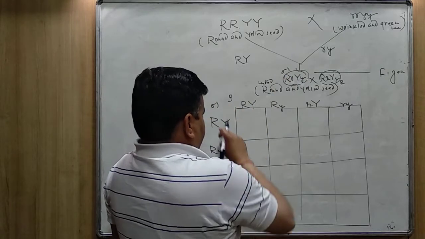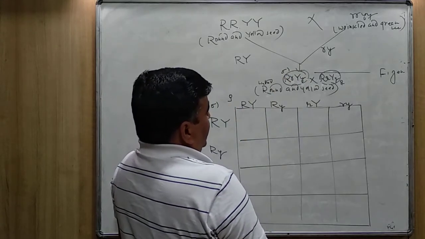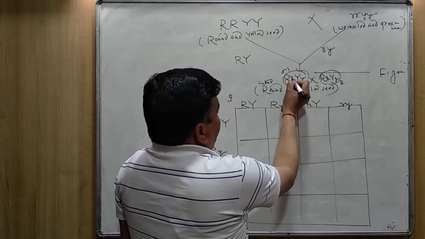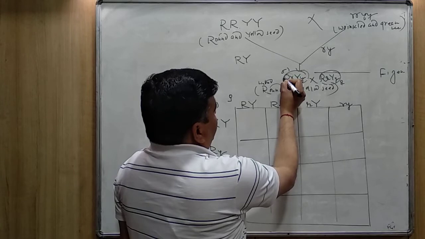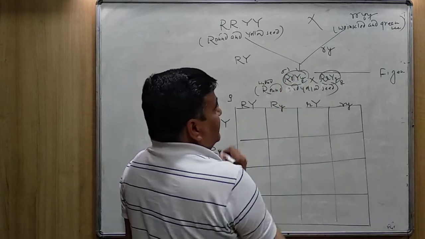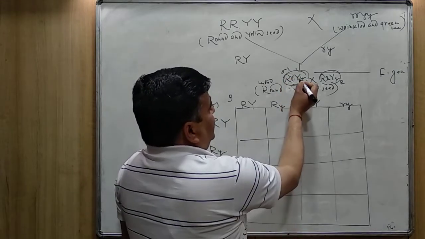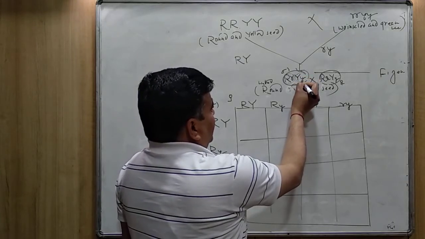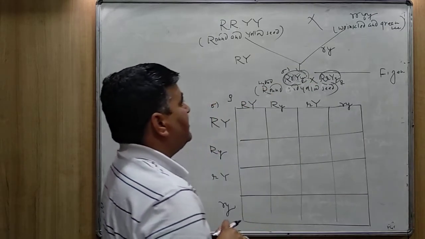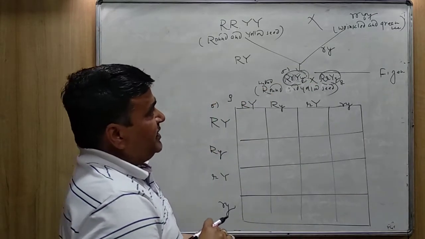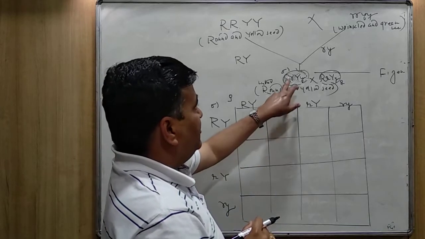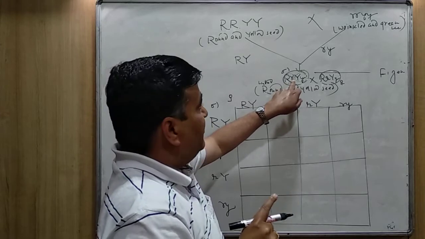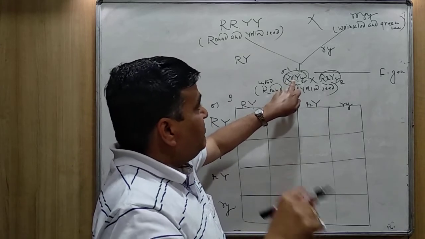These 4 pollen grains are produced. You can see here, this capital R and small r is for the shape of the seed, and this capital Y and small y is for the color of the seed. Now during the gamete formation, as you know, both the alleles of a character will never go in the same pollen grain.